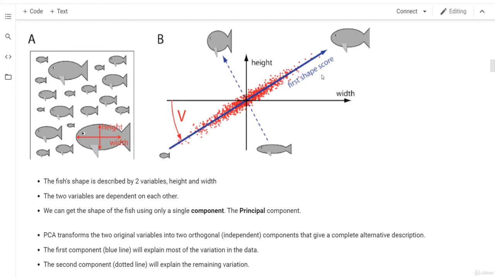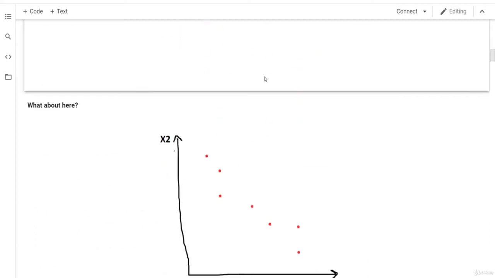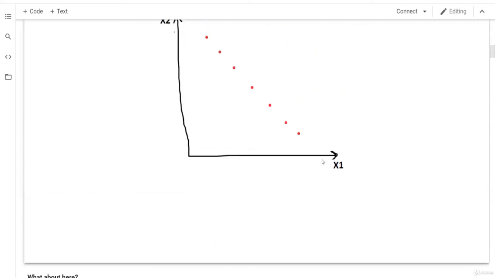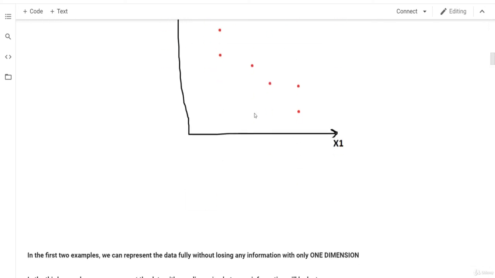Going to the 10th principal component, we will see that it's not really helpful, it's not adding anything. So here we have one component that can explain the variance in x1 and x2 at the same time.